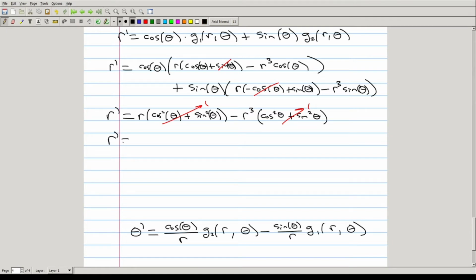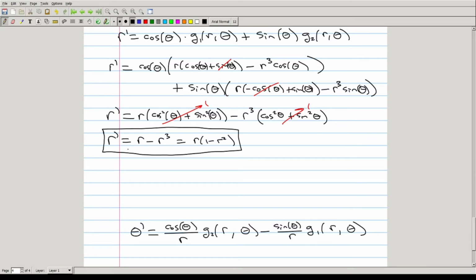So you get that r prime is equal to r minus r cubed, or r times 1 minus r squared, which is completely decoupled from theta.